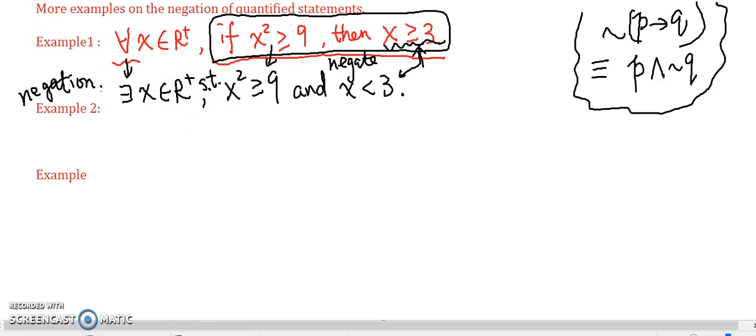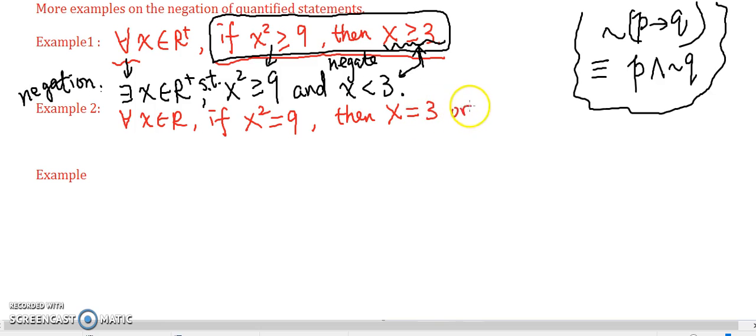Now look at the second example. For any real number x, if x squared equals 9, then x is equal to 3 or x is equal to negative 3.